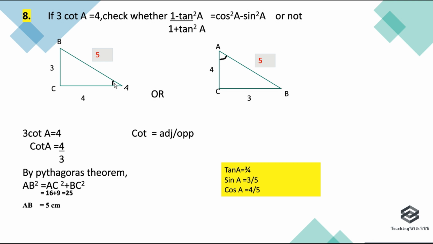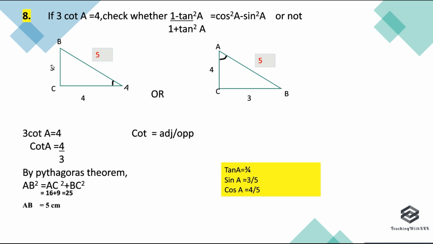Sin A is opposite by hypotenuse, 3 by 5. Cos A is adjacent side by hypotenuse. Adjacent of angle A is 4, hypotenuse 5. Therefore cos A equal to 4 by 5.